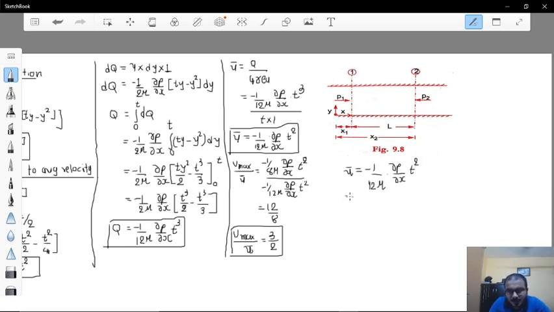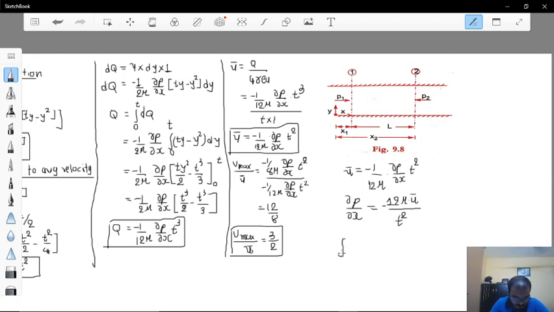So del P over del X is equal to minus 12 mu U bar over T square.